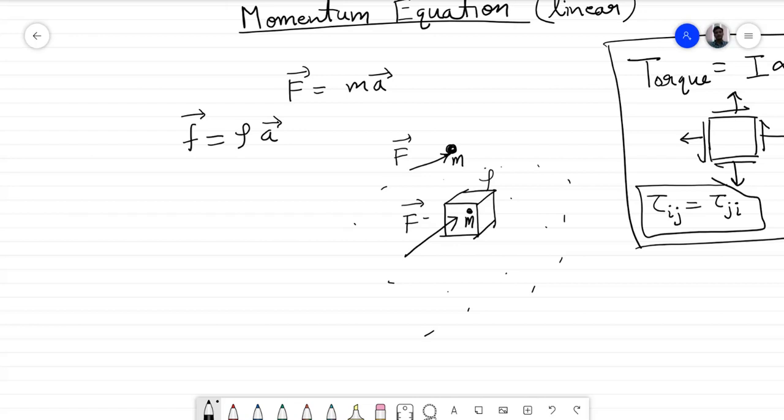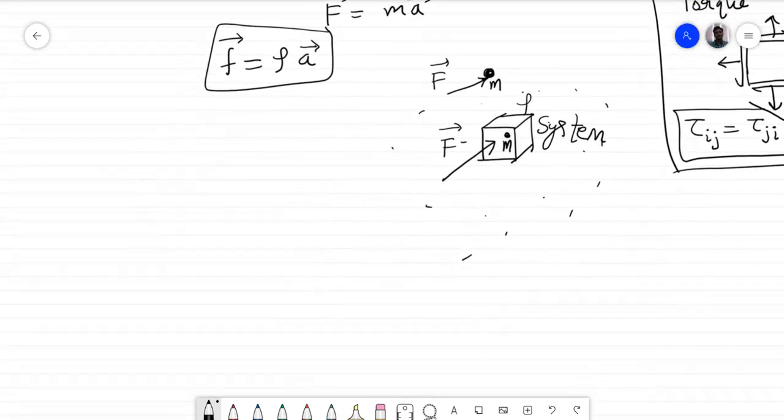Okay, then the equation is this for this system, which I have shown here. This is the system that we are considering, and these are imaginary boundaries of the system.